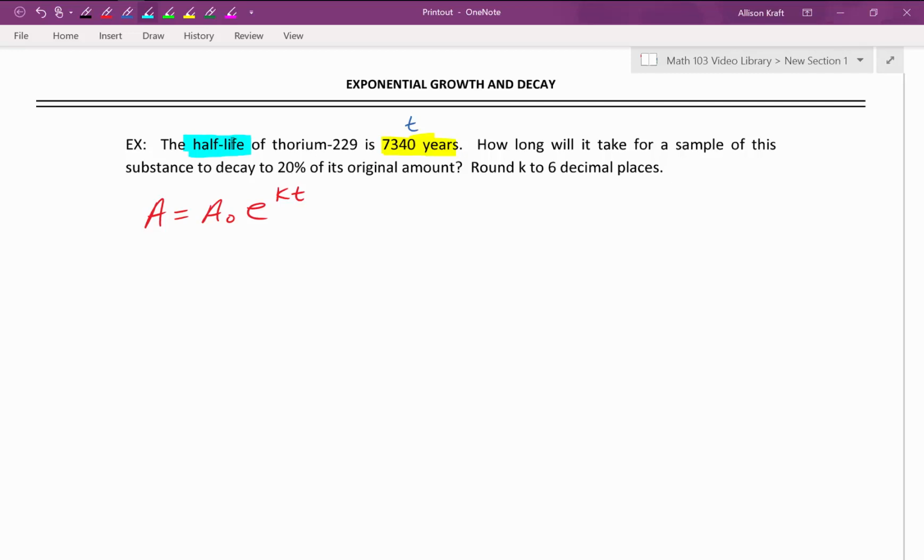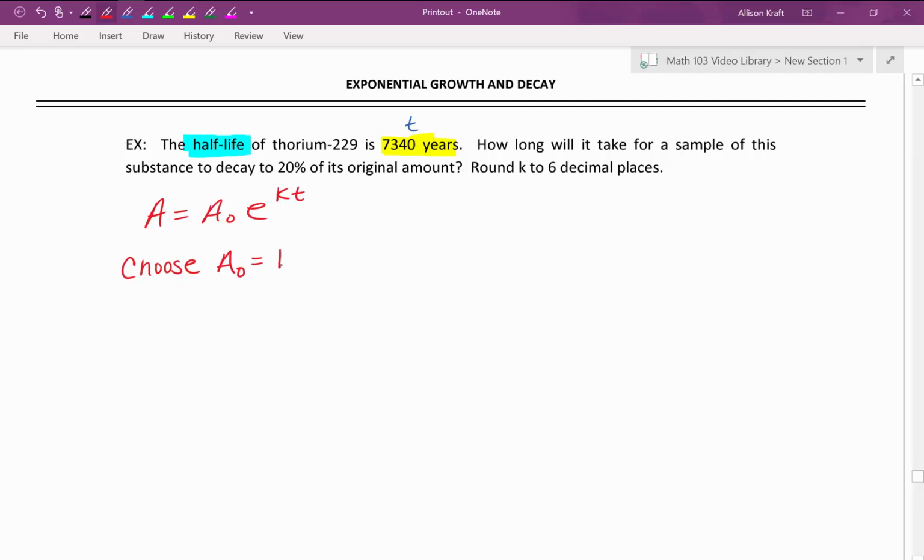Well, here for thorium-229, it takes 7,340 years. But that's true that half of it's going to decay whether you have 1 pound of it or 1,000 pounds of it. Because of that, we can just choose the initial A to be any number you want. I always choose that A sub 0 to be 1.